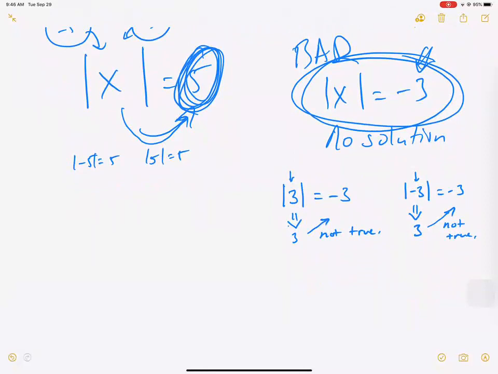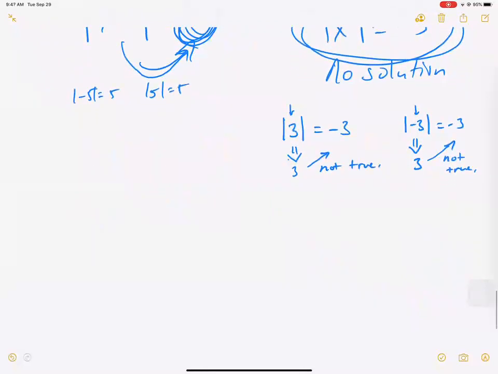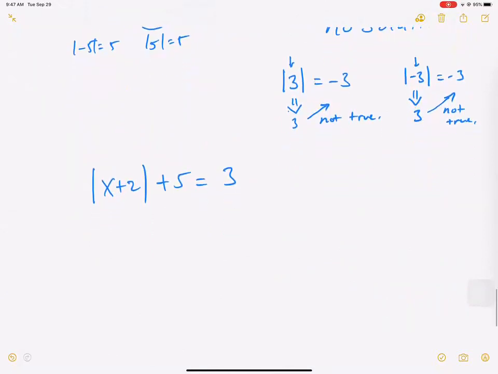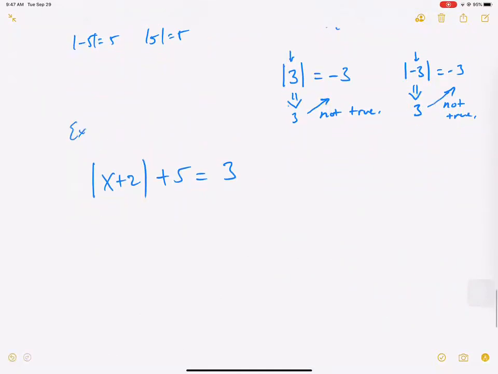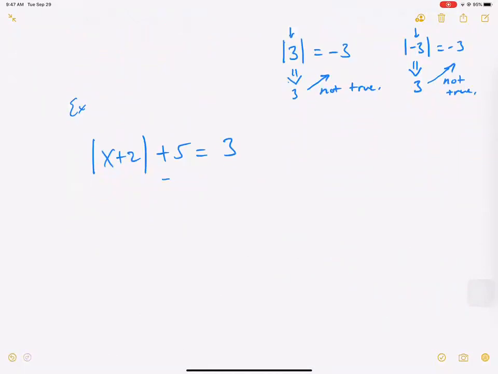Okay. So let me give you another trick question. If I say the absolute value of x plus 2, plus 5 is equal to 3. So the way we would start this problem is go ahead and try to get the absolute value by itself. So we have to get rid of the 5. So I minus 5 from both sides, opposite operations.